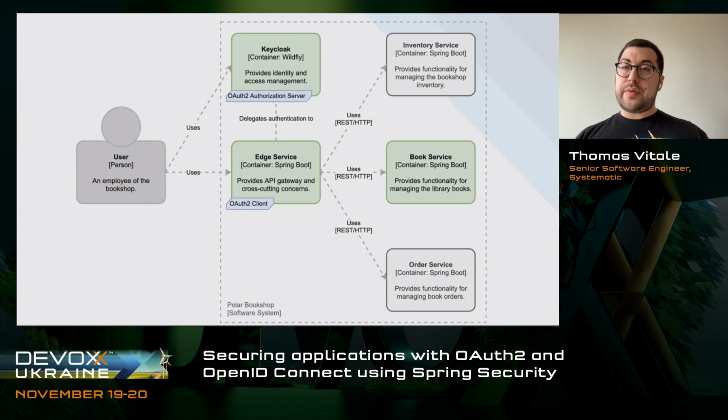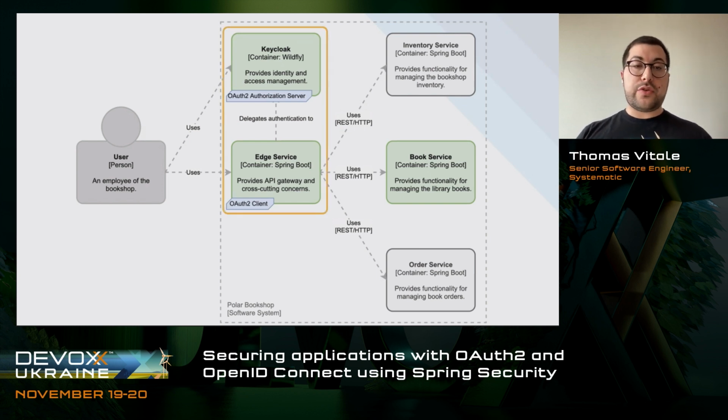What is happening behind the scenes is that the user calls Edge Service. Since we are not authenticated, we are redirected to Keycloak. So the user actually performs authentication directly with Keycloak, which means that no credentials are exposed to Edge Service, which is really great. Once the authentication is done, then Keycloak issues an ID token.